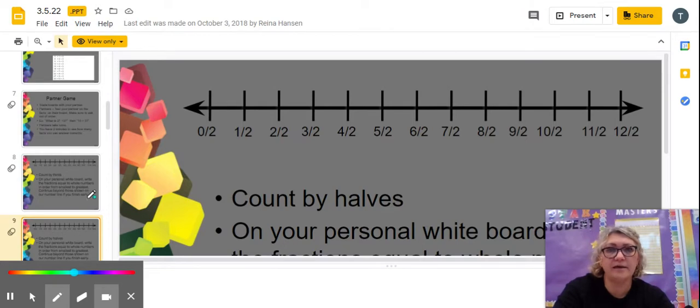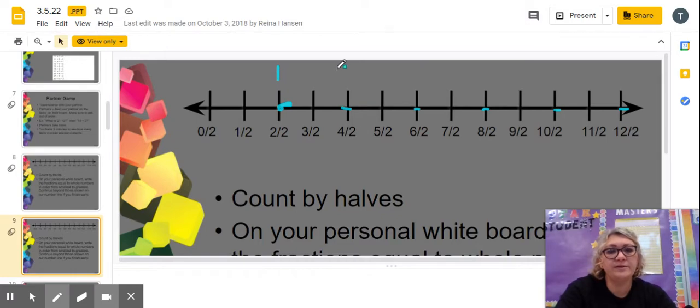Here we go. 0 halves, 1 half, 2 halves is equal to 1, 3 halves, 4 halves is equal to 2, 5 halves, 6 halves is equal to 3, 7 halves, 8 halves is equal to 4, 9 halves, 10 halves is equal to 5, 11 halves, 12 halves is equal to 6.